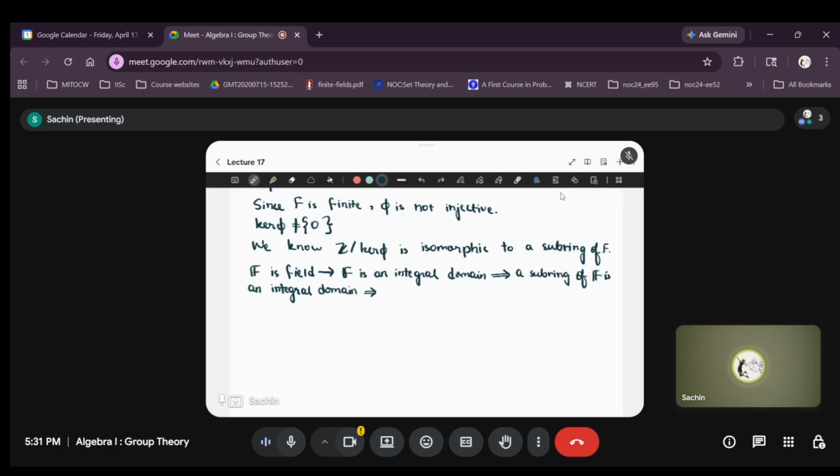So it is only isomorphic in the sense of a ring to a subring of F. If it was isomorphic to a subfield of F, then Z mod kernel phi would also have to be a field. In general, that is true.